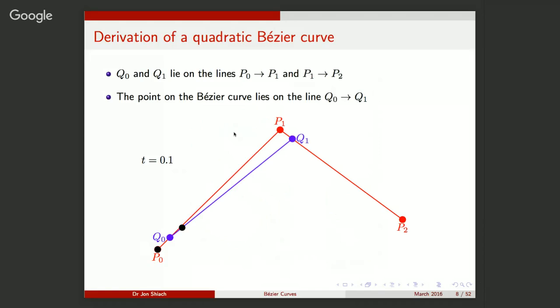So that gives me Q0, Q1. And what I've also done is 1/10 of the way along the line joining Q0 to Q1, which is the blue line, I put a dot.